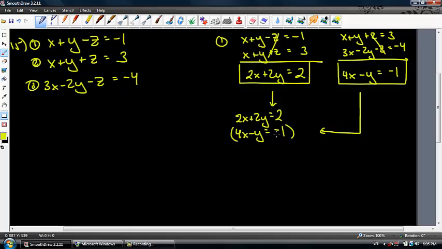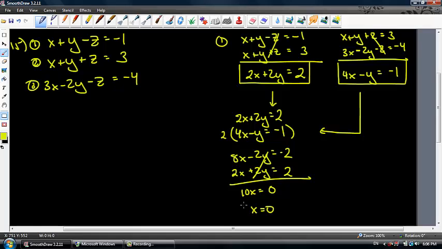I'm going to eliminate y by multiplying everything by 2. I've got 8x minus 2y equals negative 2. I'm going to rewrite the top, which is going to be on bottom now: 2x plus 2y equals 2. And these are going to go away. I've got 10x equals 0, and therefore x equals 0.